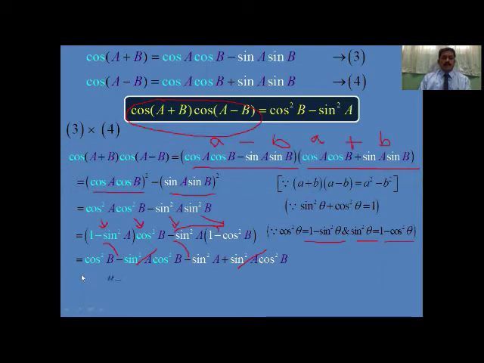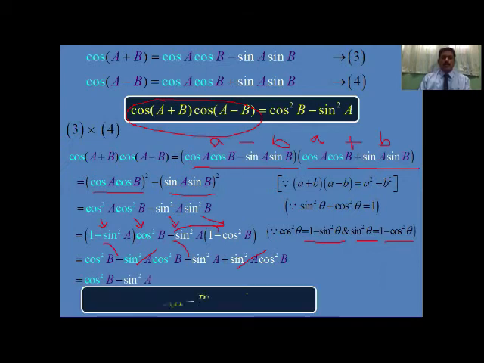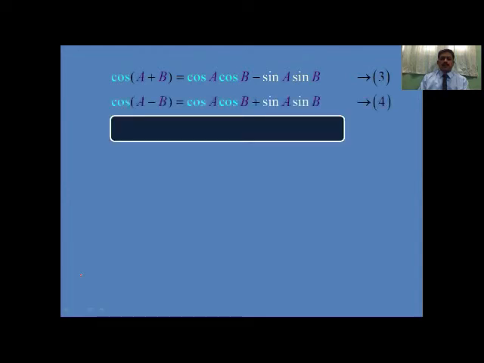The next step is cos square B minus sin square A. Therefore, the formula is cos of (A plus B) into cos of (A minus B) equal to cos square B minus sin square A.